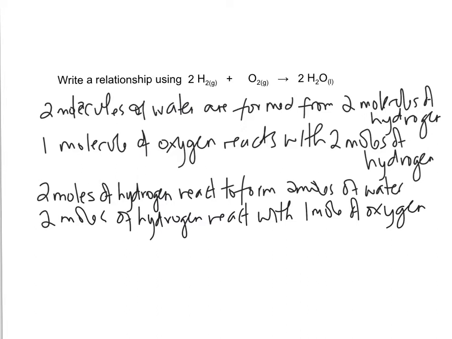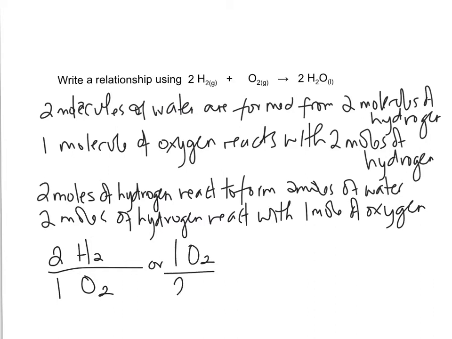And we can write these as ratios. Ratios look like fractions. So we can say 2 hydrogens require 1 oxygen. And you can flip that and say 1 oxygen requires 2 hydrogens. The number is different, 2 divided by 1 is different than 1 divided by 2, but the relationship is the same.